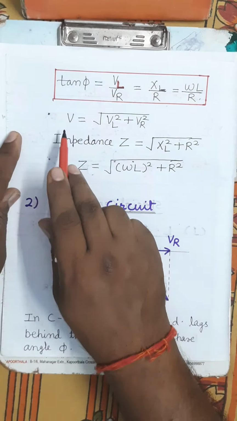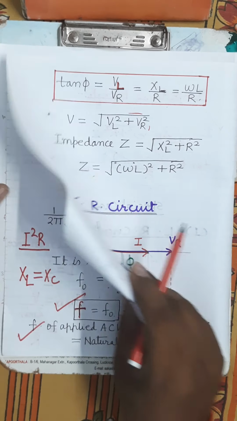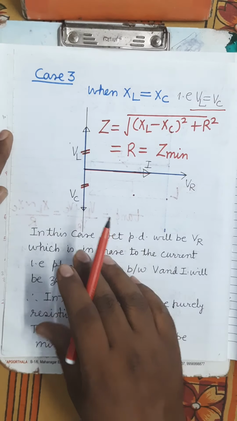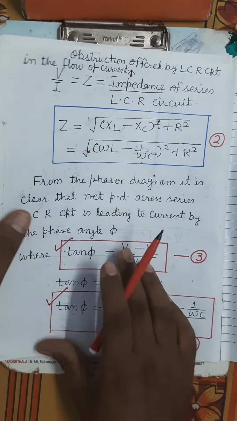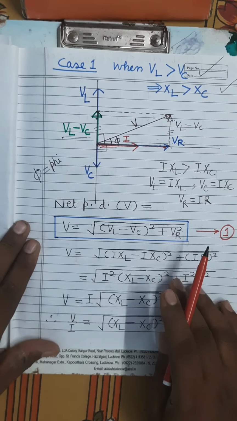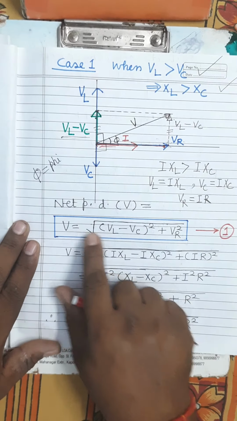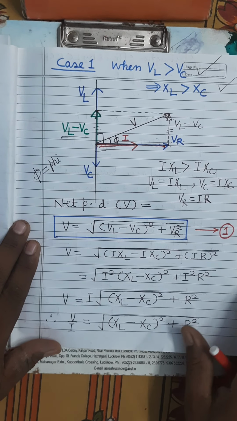What will be the net potential difference? It will be given by this. Already you know this formula. Here, if you see the net potential difference formula, you can remove VC. So V equals square root of VL squared plus VR squared. It's clear.